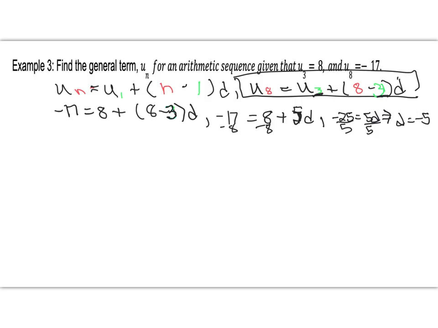So now I have D. Now I could find the first term. This time I'll just stay with U8 equals U1.